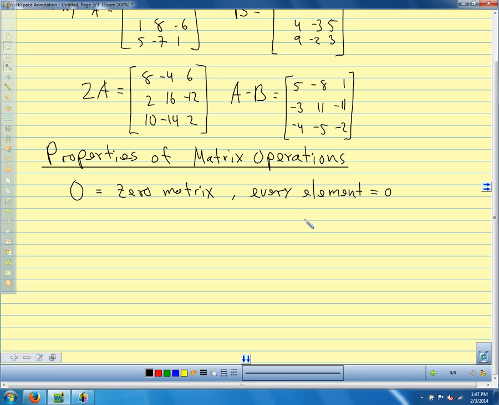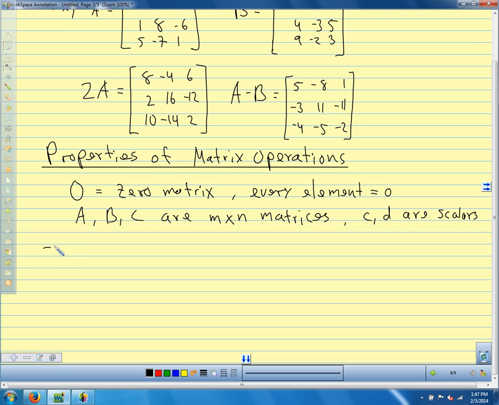For this, we're going to say A, B, and C are M by N matrices, so they have the same order, same size. And we're going to say C and D are scalars. Our zero matrix is M by N here also.